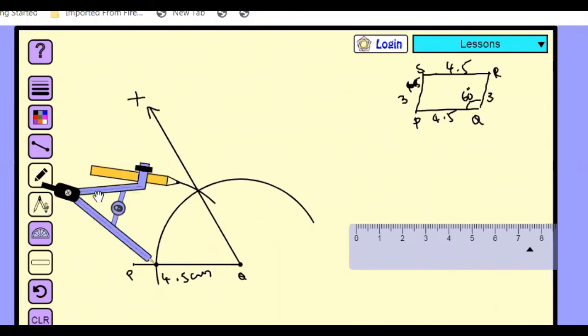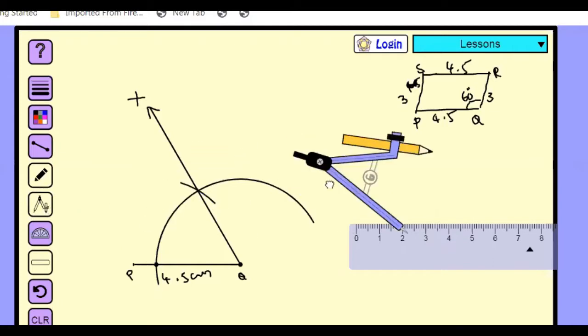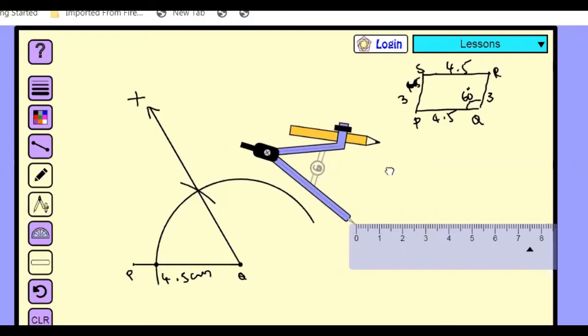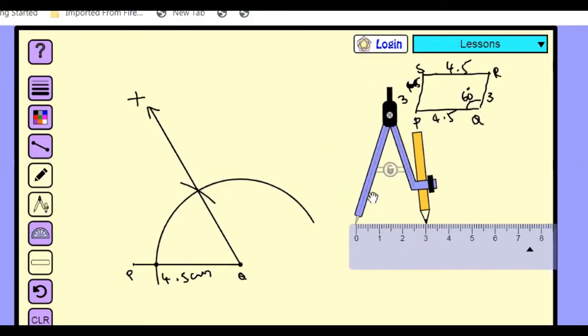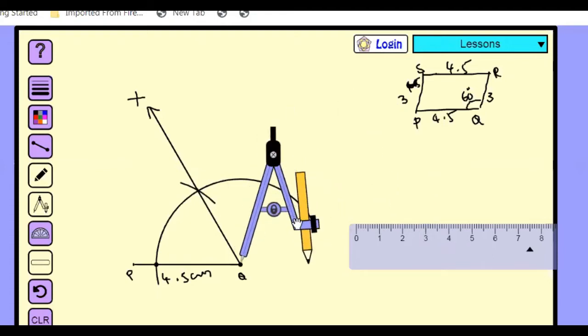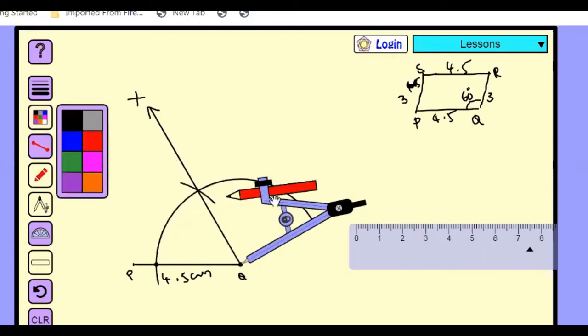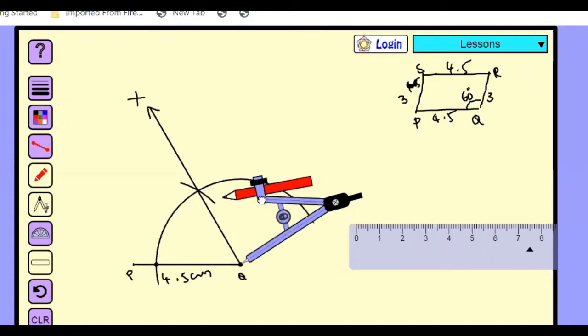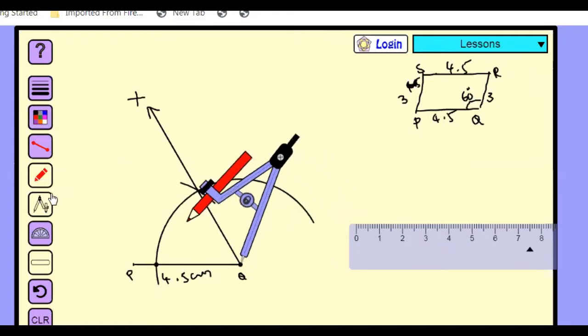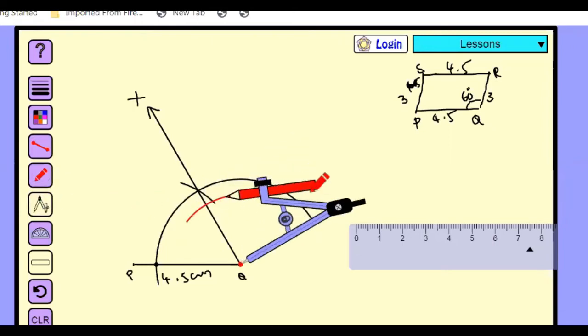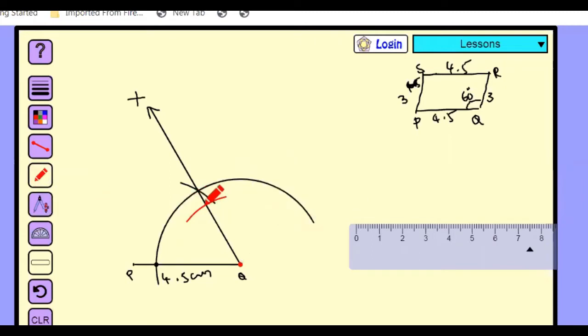So take the compass radius as 3 centimeters with the help of the ruler, and with the center Q, draw an arc which cuts the ray at a point R. So this point indicates R.